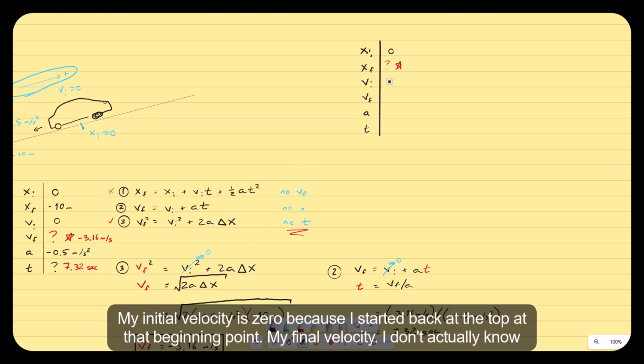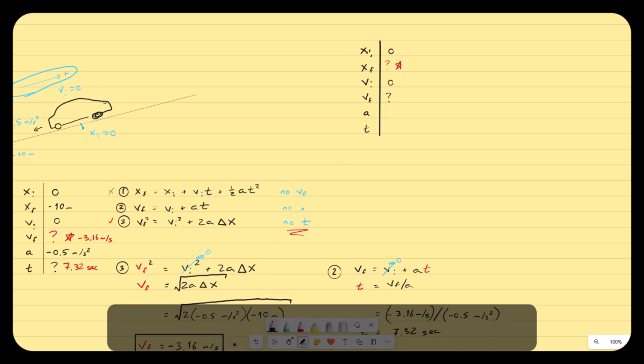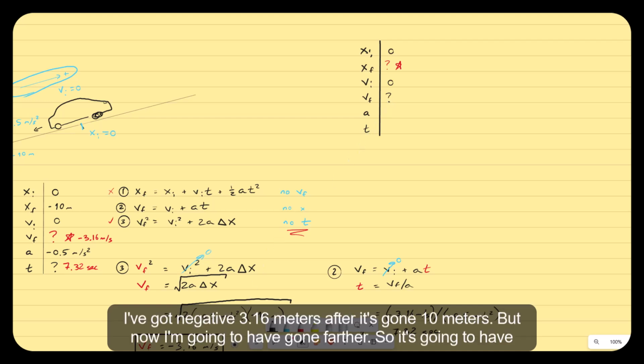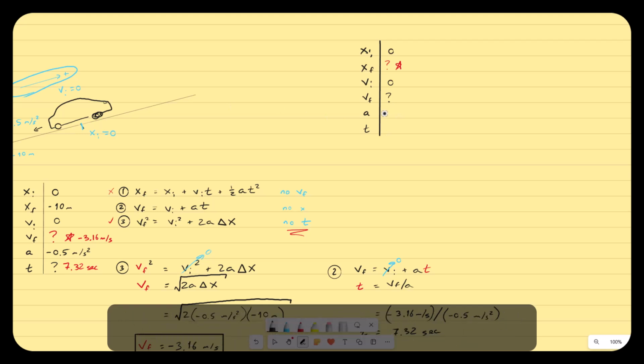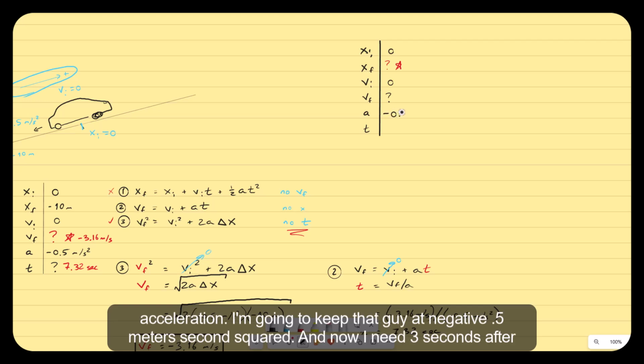My initial velocity is 0 because I started back at the top at that beginning point. My final velocity, I don't actually know what this is. I've got negative 3.16 meters per second after it's gone 10 meters, but now I'm going to have gone farther, so it's going to have continued to speed up. My acceleration, I'm going to keep that at negative 0.5 meters per second squared.